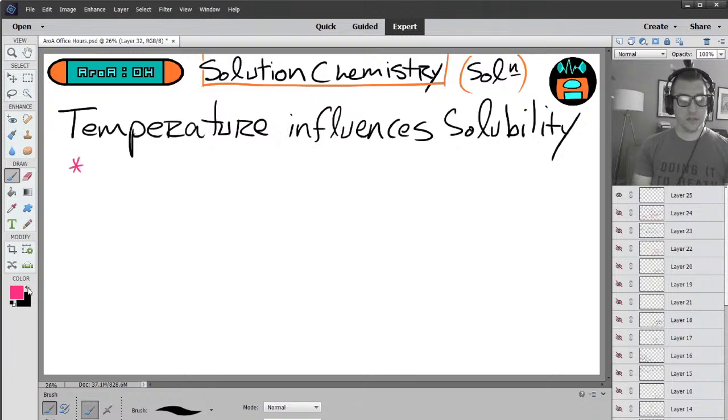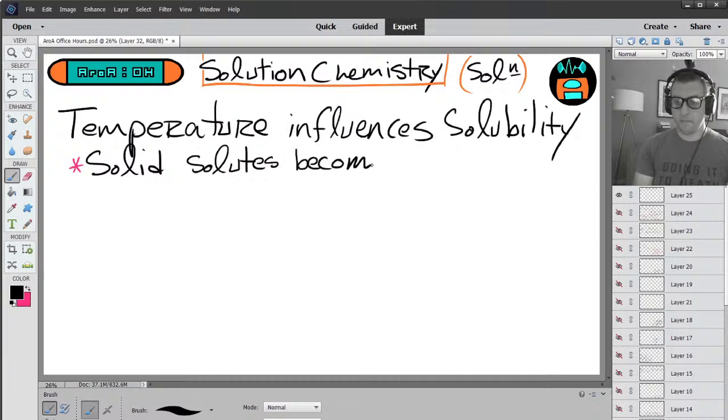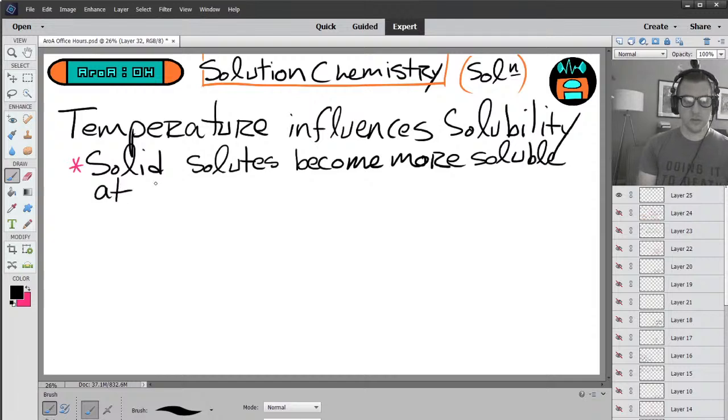First, solid solutes become more soluble at higher temperatures.